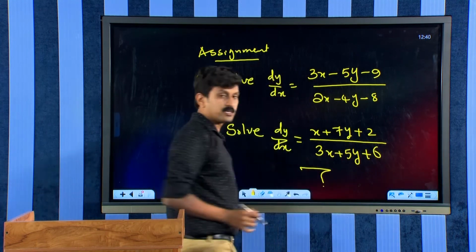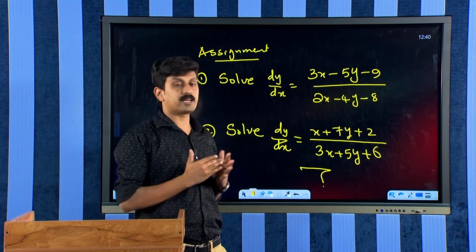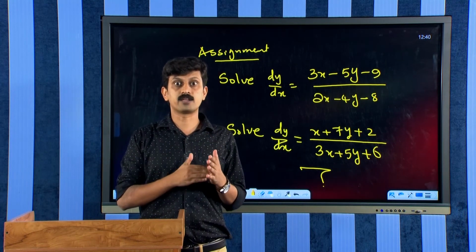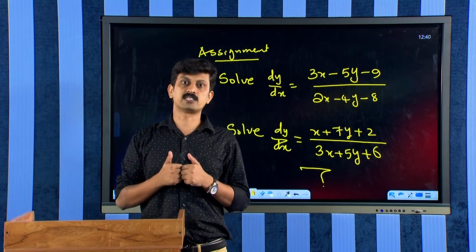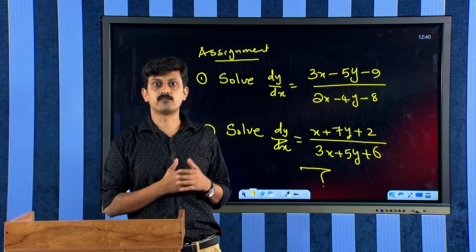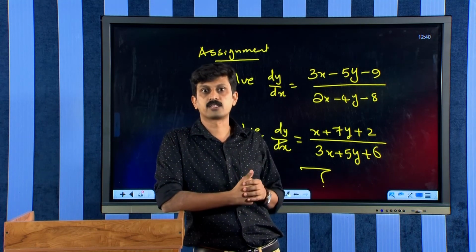Okay. You may try to solve these problems by using this method, and this is a very nice method. Even though these are somewhat lengthy problems, it will be very nice, and it has very good applications in basic sciences and engineering mathematics also.